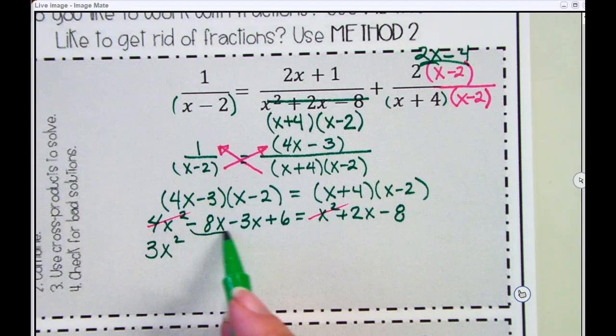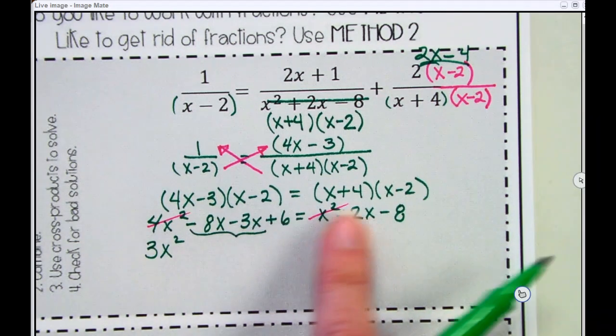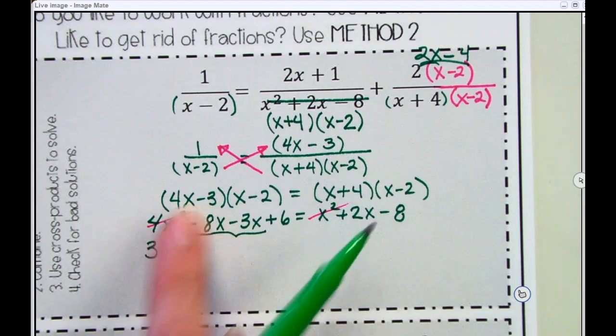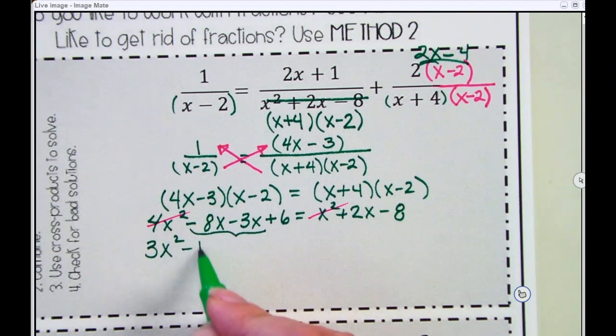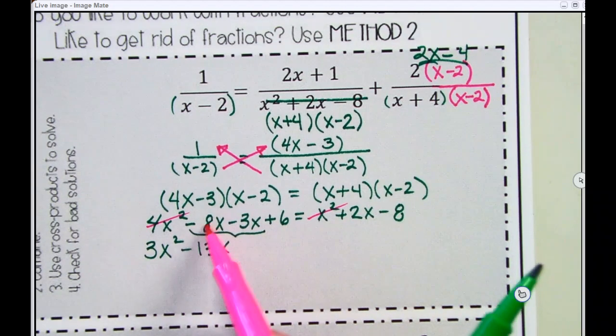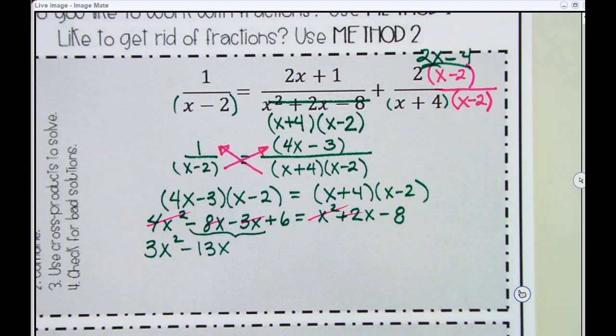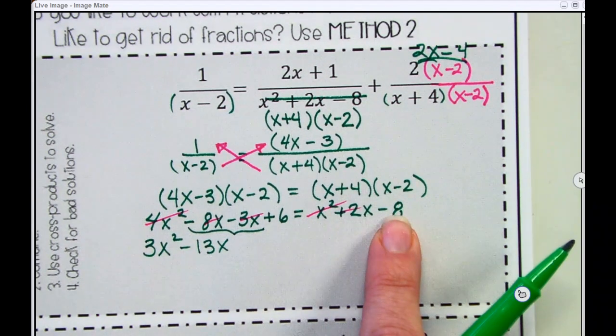Right here, that's a negative 11x. Take away 2x would be negative 13x. So gone, gone, gone. And then I will have 6 plus 8.